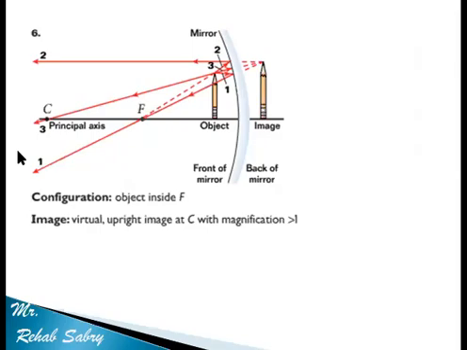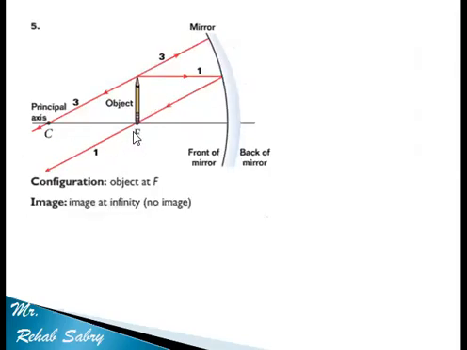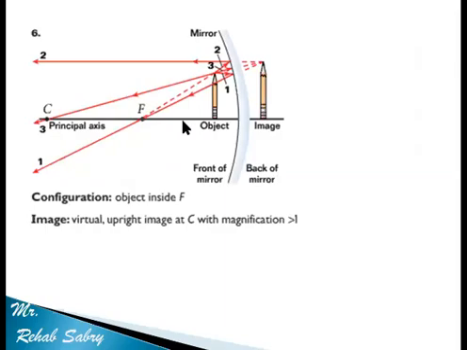In this case, when we bring the object closer to the mirror, between the focus and the mirror, what will happen? This is the only case where virtual images form.